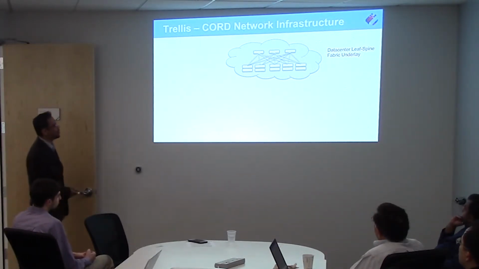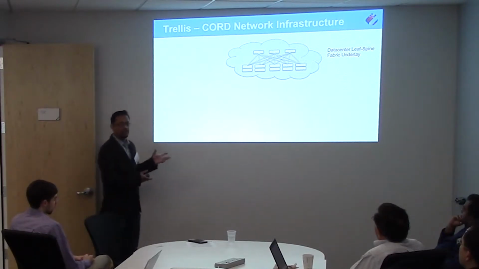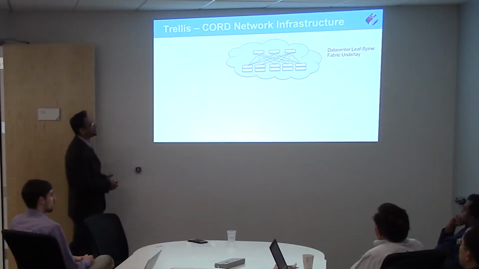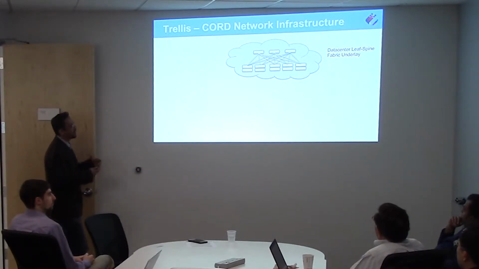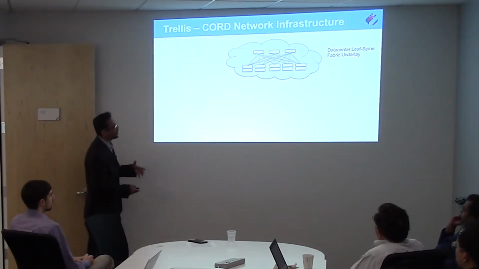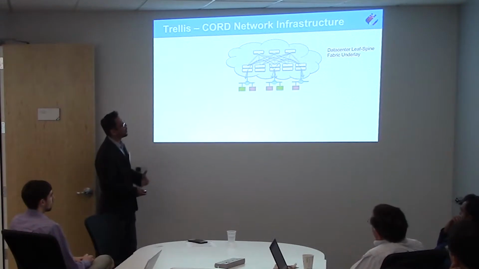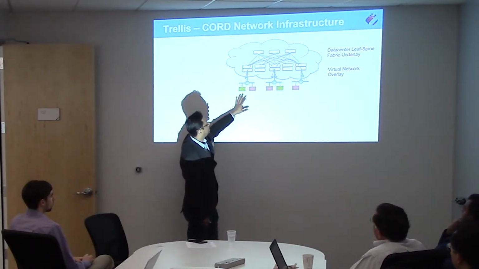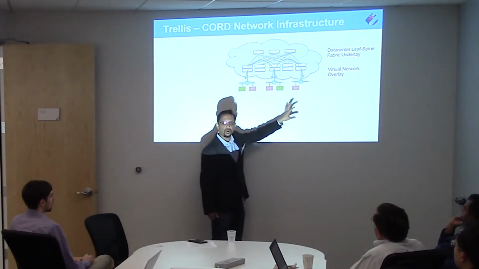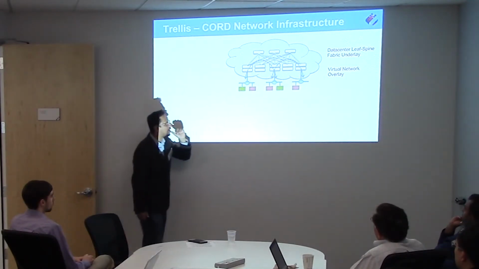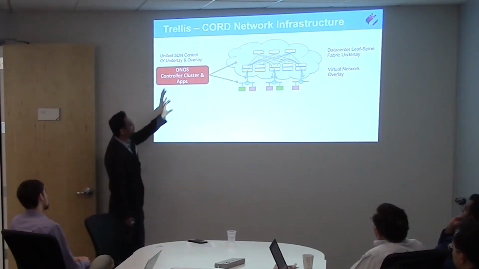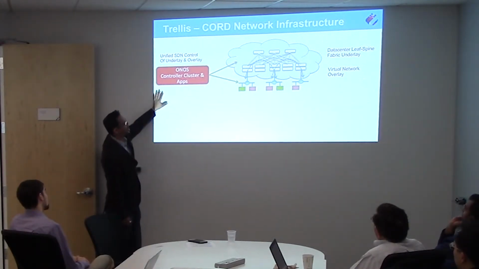Then how is this used? One big use of Trellis is in CORD, of course, and when it's used in CORD, it's used in a slightly different way from what I've been talking about so far, in that the fabric itself is the underlay, and then in CORD, there's also an overlay network, which is based on VXLAN. And both the underlay and overlay are SDN controlled.